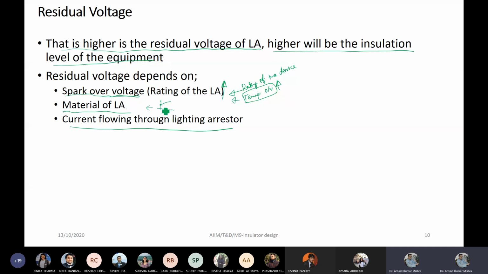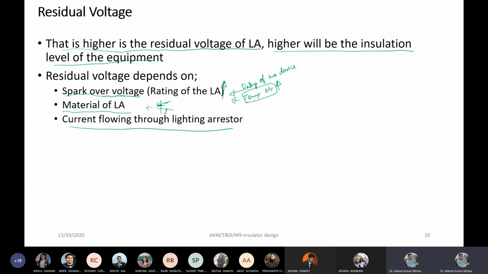That means under one particular lightning condition, the current through the lightning arrestor is this much, then voltage may be this. So this was equivalent to the spark over based on the temporary.